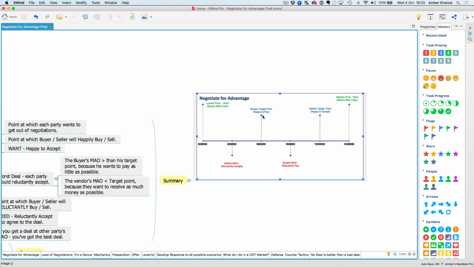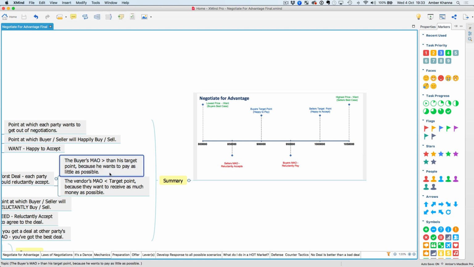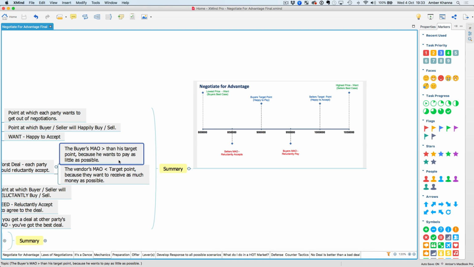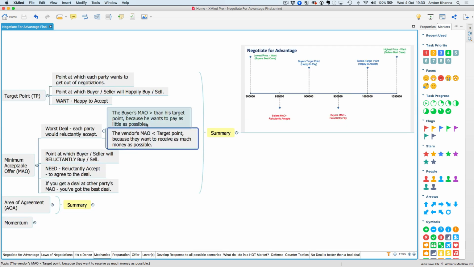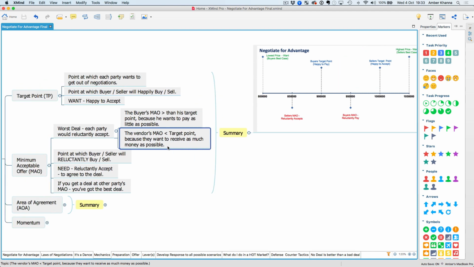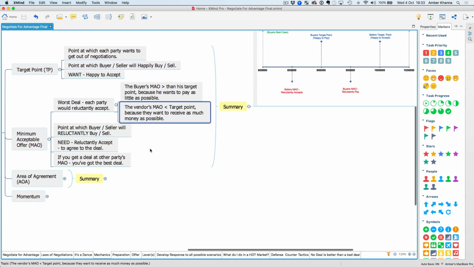And the reason I want you to do this exercise anytime you start negotiating is so that in your head you know what your minimum acceptable offers and your target points are. You have incomplete information. You wouldn't know where the buyer's at, where the seller is at. For that, you'll have to probe and ask questions to the agent.